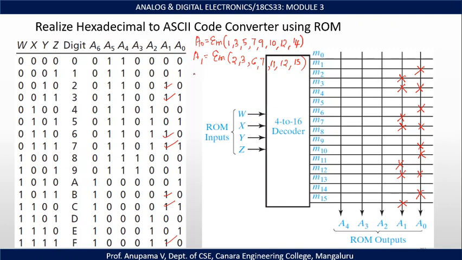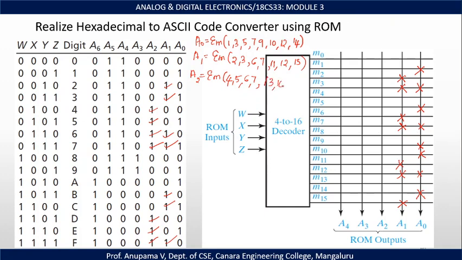Now let us write the expression for A2. A2 is equal to summation M of, if I see the truth table, I find 4, 5, 6, 7 are set to 1, and the entries 13, 14 and 15 are also set to 1.